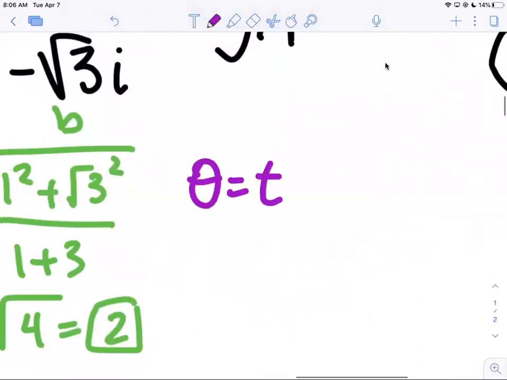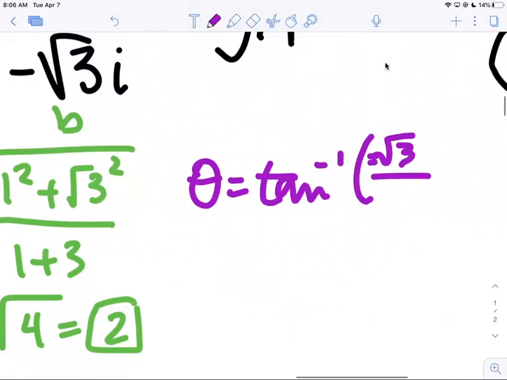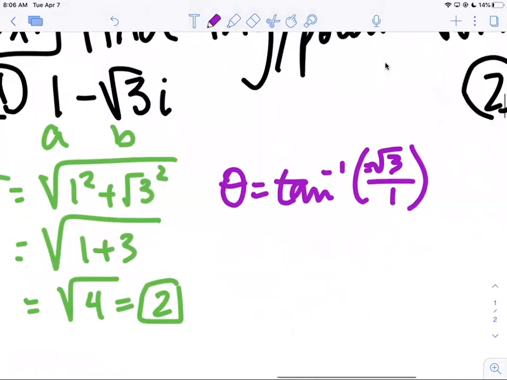Theta is going to be inverse tangent of b over a, negative root 3 over 1. You may remember that from before, but if not, I don't remember it from before.